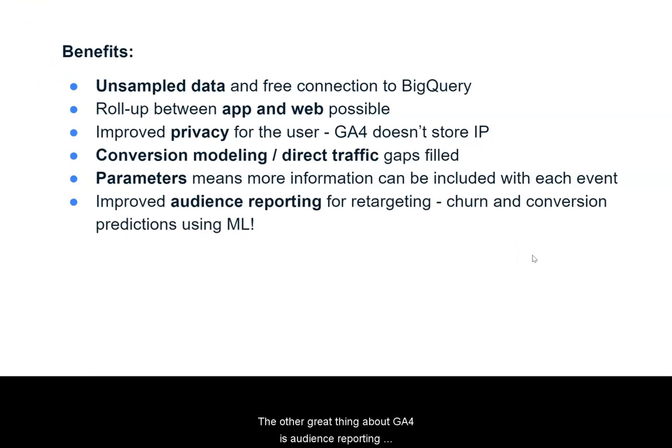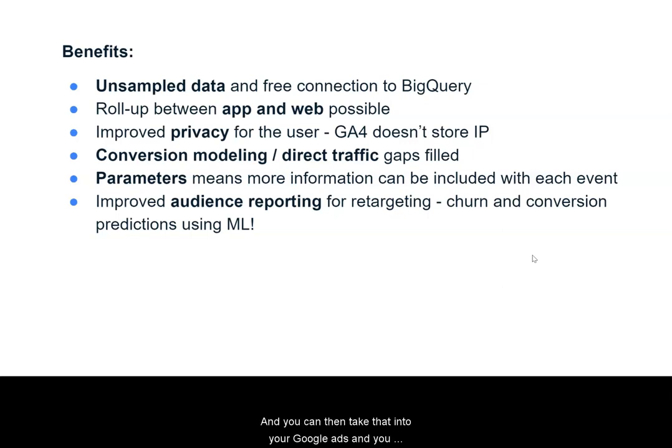The other great thing about GA4 is audience reporting. There are some additional options in GA4 that you didn't have in UA, like churn and conversion predictions. So you can actually create an audience of users who are likely to convert based on your GA4 data, or likely to churn.